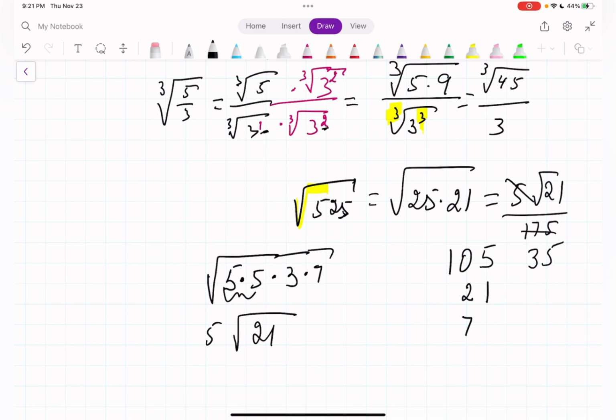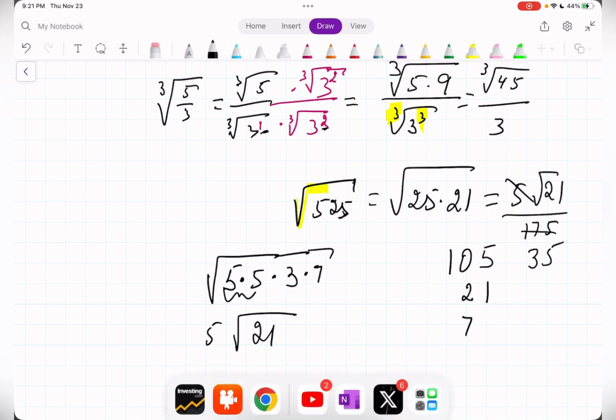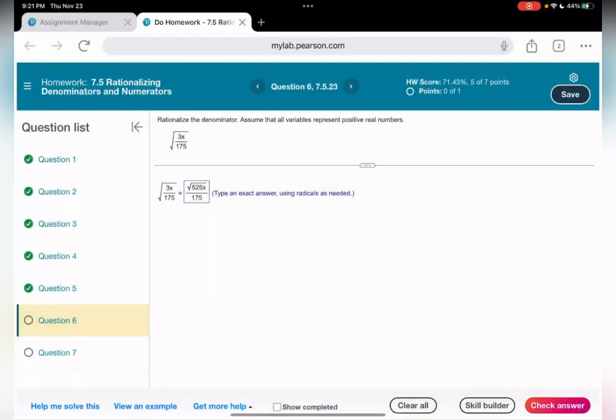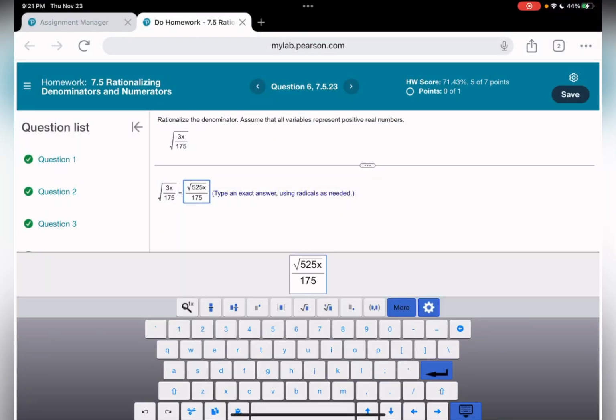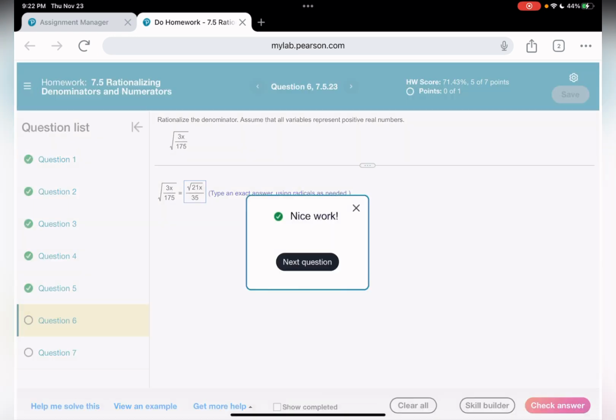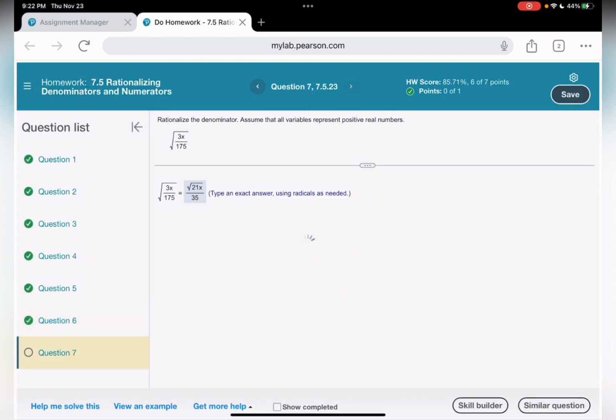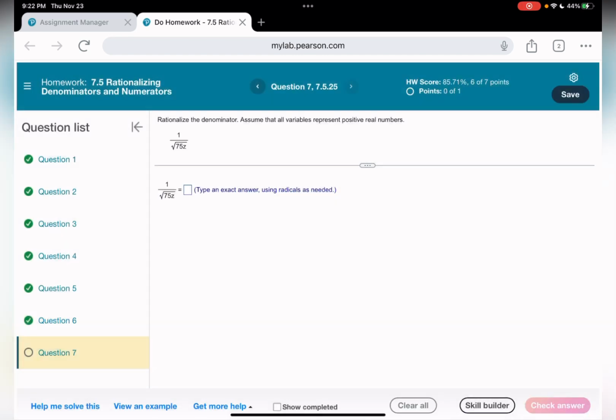So it's going to be 35. So we get 5 square root 21 over 175, which simplifies to square root 21 over 35. Let's fix it.